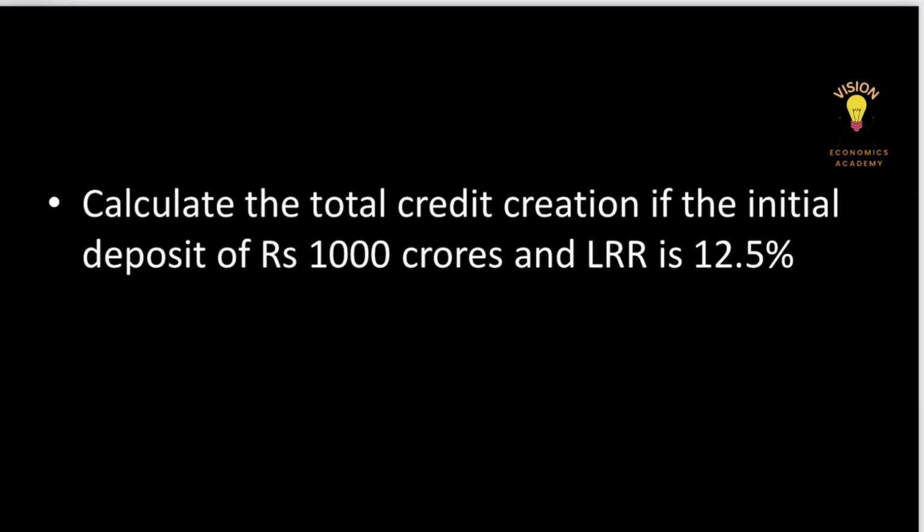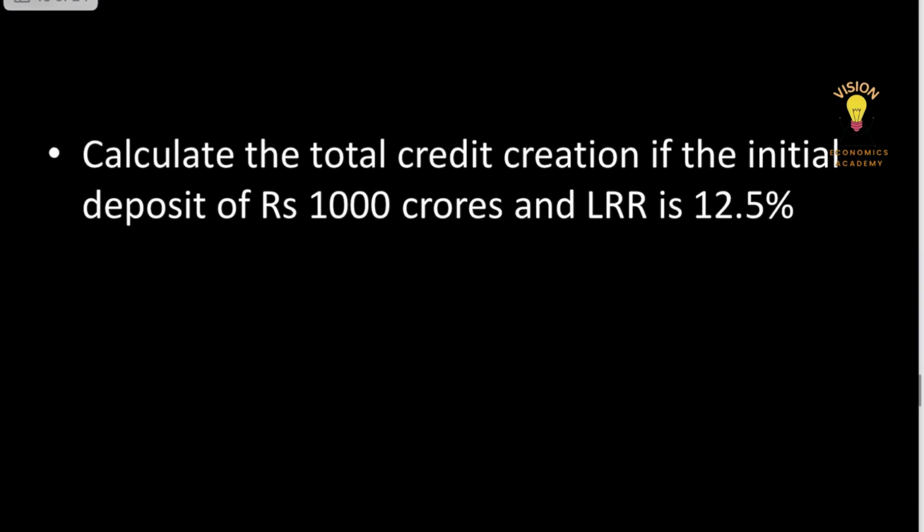Let's see this example. Calculate the total credit creation if the initial deposit is rupees 1000 crores and LRR is 12.5%. Now you need to understand that as the LRR is lower than the 20% in our previous example, the multiplier will be more.